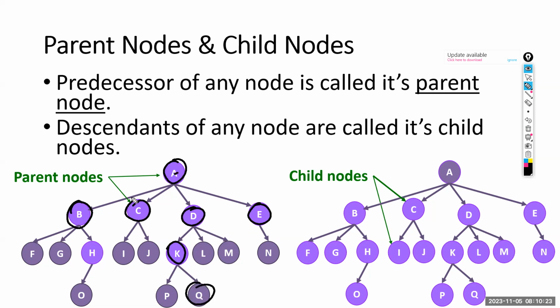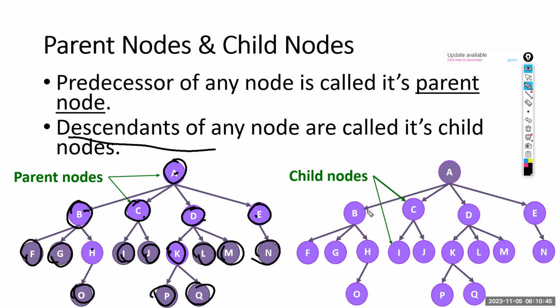Now you can see these nodes are parent nodes of some nodes. But these nodes are not parent nodes because they don't have child nodes. And from the other side, a descendant of a node is called its child node.